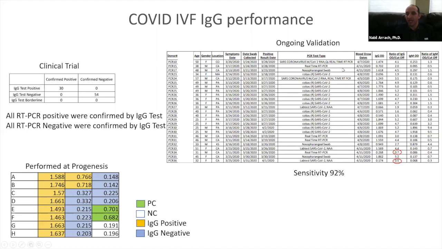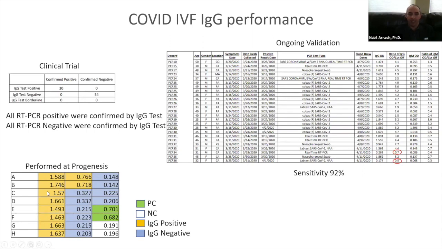Those samples came from patients that are affected, and they were all confirmed by RT-PCR. And when they were tested by IgG, 23 out of 25 were confirmed to be IgG positive. And that led us to a sensitivity of approximately 92%.